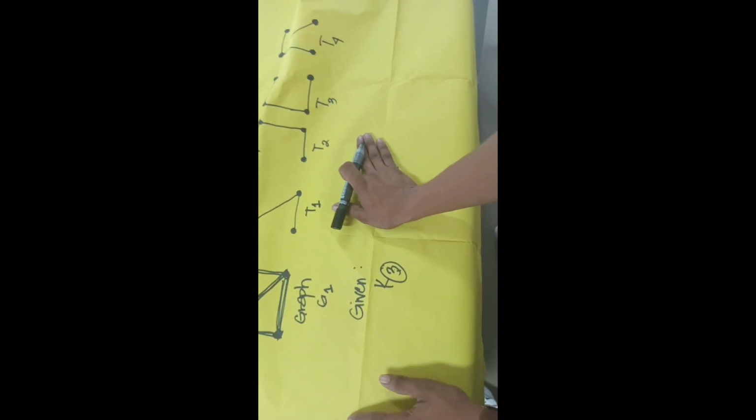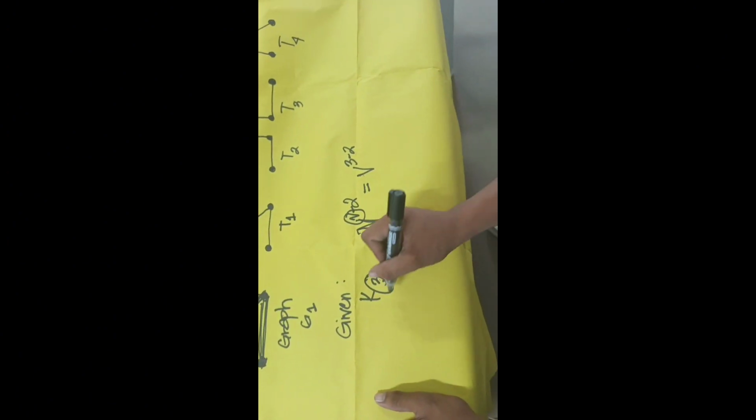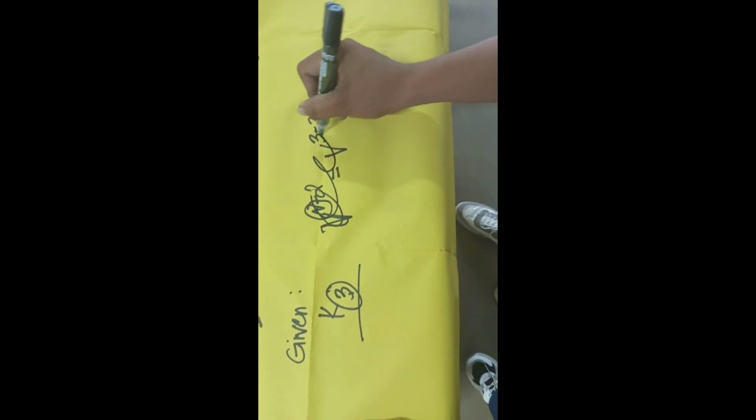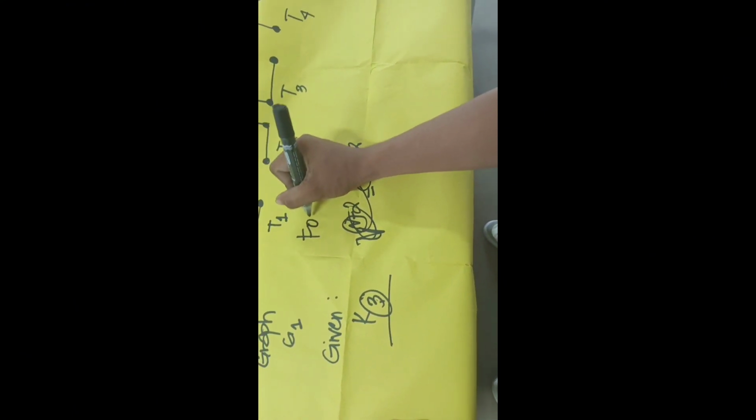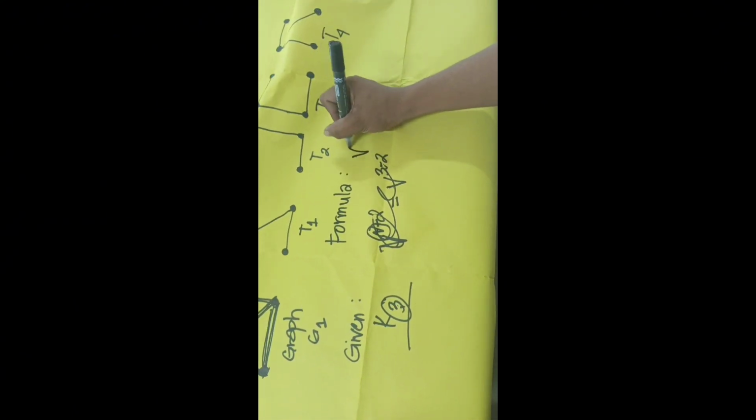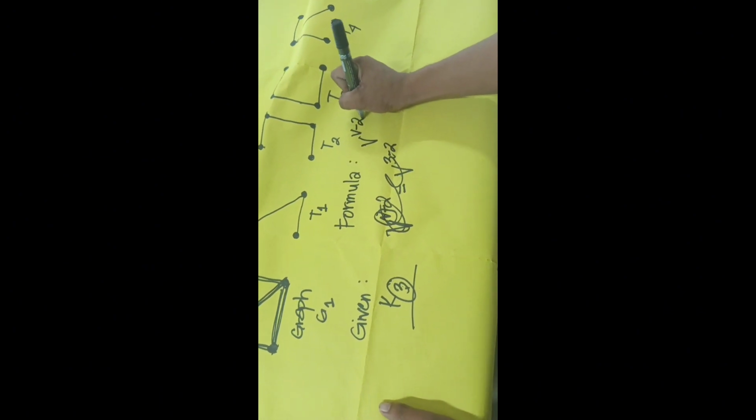So given that we have K3, and the formula of Cayley's theorem is v raised to the power of v minus 2, let's substitute the number 3 for both v.